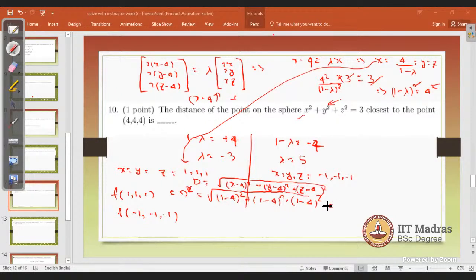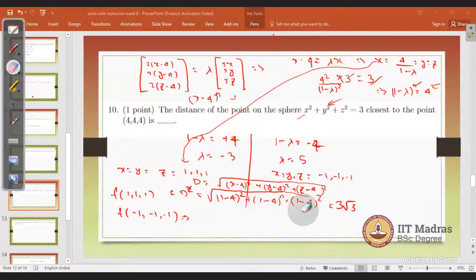Based on this we can calculate. It is nothing but 1 minus 4, 3 square, so it is nothing but 3 times root 3. For minus 1, it will become 1 minus minus, plus 1, 2 square plus 2 square plus 2 square. Then you will get around 2 root 3. Is it correct? No, I think 3 root 2, because 2 square plus 2 square plus 2 square.